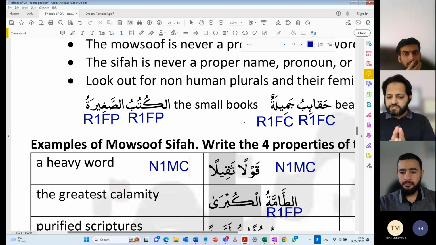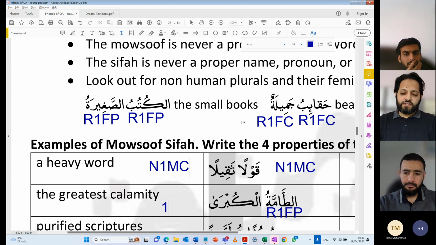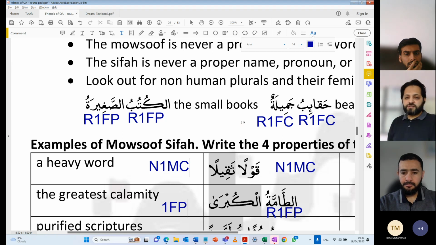So because I can't say right now it's rafa, let me verify the remaining three properties first. Right? It's singular, and I know that things ending with the alif, not alif maksura, are feminine. We learned that in the past, and I can see that it's proper. Now the three properties match, and we said in the past there is an unwritten rule that if it could be, it is.